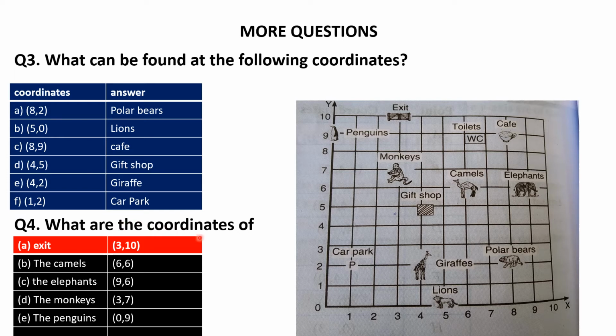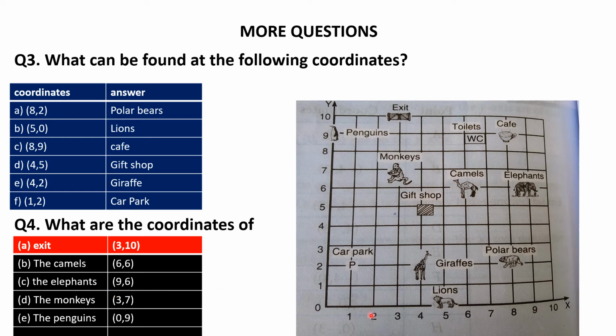Next, what are the coordinates of exit? Now the places are given, and you have to find the coordinate. You find exit. Here in the graph, you are able to find exit over here. This is the intersection point of 3 and 10. Next one is camels. Camels are placed over here. It is the intersection point of 6 and 6.